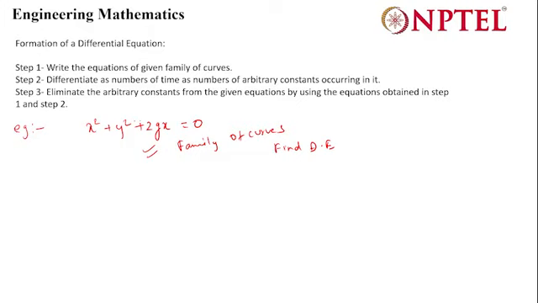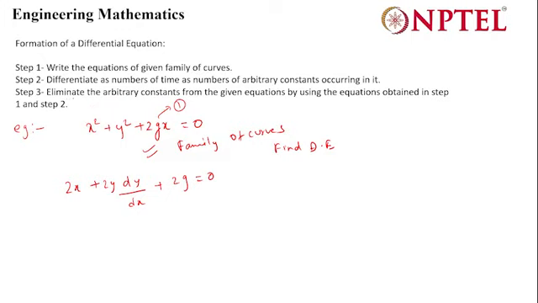What is the arbitrary constant here? Just g. Only one constant is there. So how many times do you have to differentiate this equation? One time only. So you will differentiate this equation with respect to x.